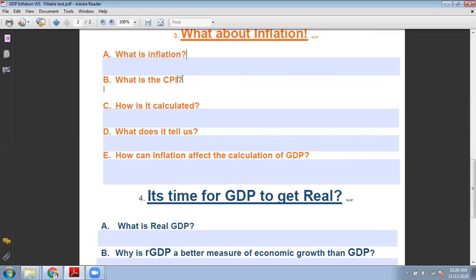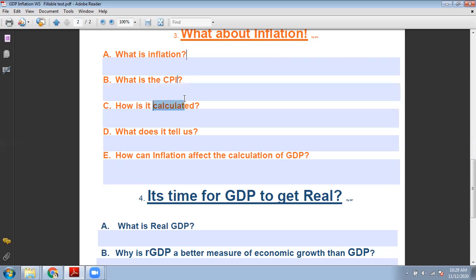What it's going to do is try to measure how the price level of all goods and services is changing from year to year. So the CPI stands for the Consumer Price Index, and you need to add more than that. You need to go ahead in here and add what has happened. What it does is it measures the overall price level. Okay, so the CPI is the Consumer Price Index that measures the overall price level.